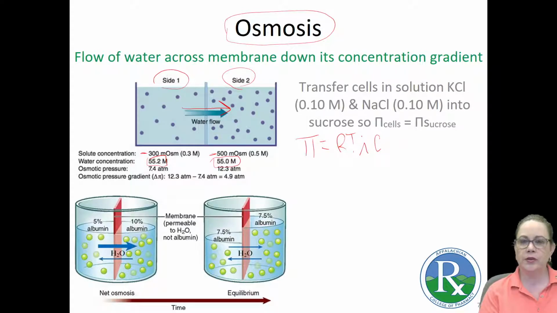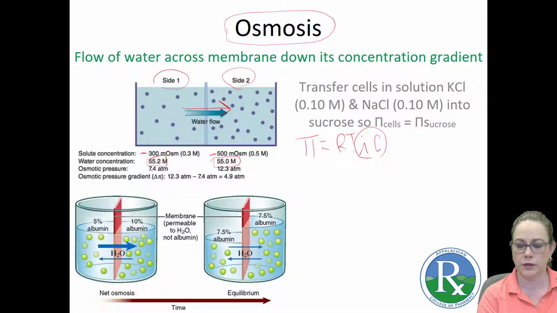What I do, rather than just having you calculate the osmotic pressure for a single solution where you'd use the RT and the IC, I usually have you try to make something isotonic with what you're working with, or isoosmotic with what you're working with, and so the RT term will drop out. So when we're looking at having the osmotic pressure of your initial cell solution equal to the solution you're moving into, we're just interested in the IC terms.